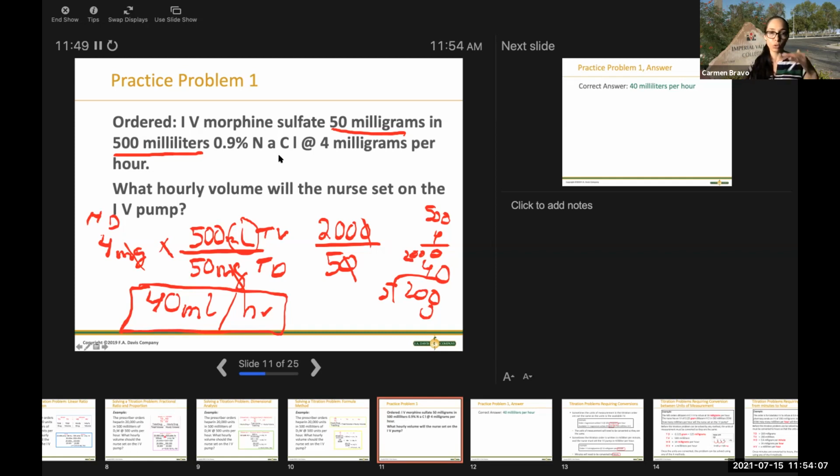So we do this titration because we're dealing with higher doses or strong medications. We have to read the question: what hourly volume? Hourly volume means mL per hour. That's basic. Every time we read volume, it's mLs per hour. And when we know we have to set them up in the pump, then it has to be mL per minute.